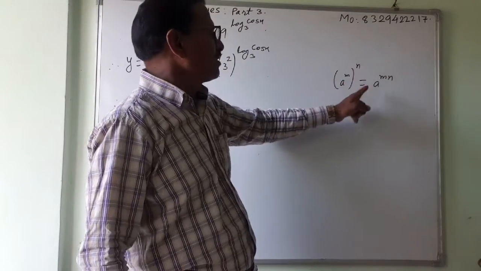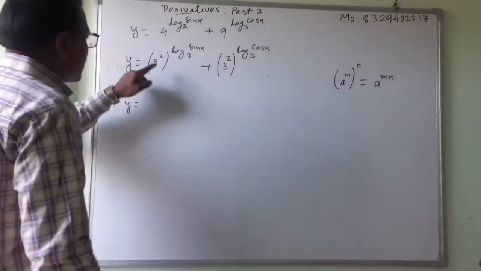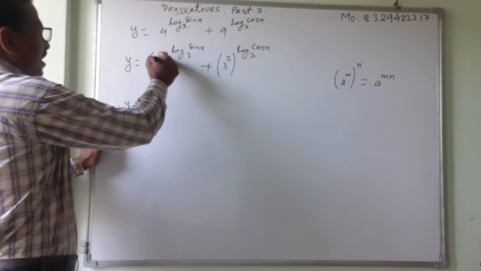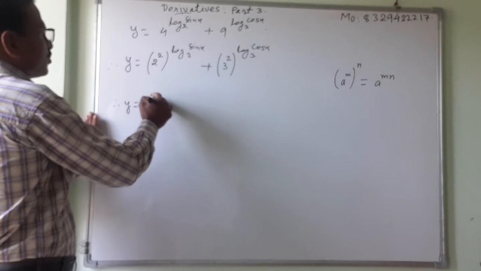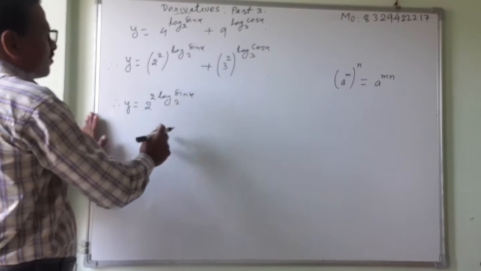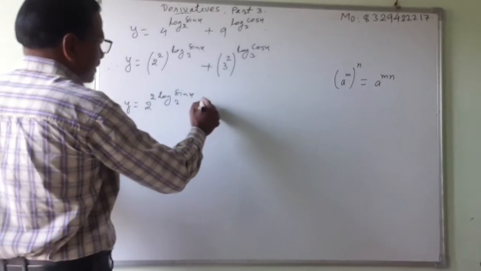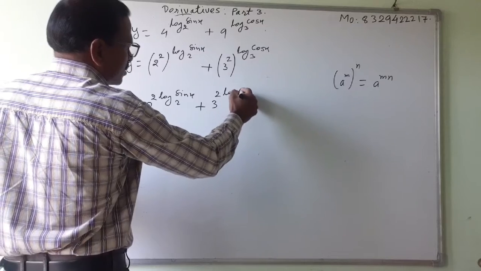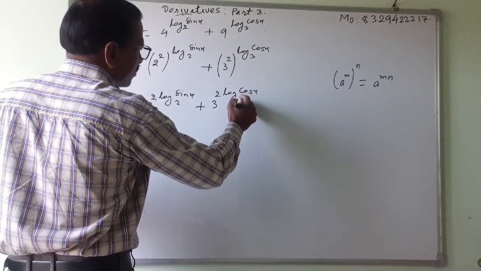Index raised to index means multiplication of the indices. Here also this is the index raised to this index. So what I will write? I will write 2 raised to 2 log of sin x to the base 2 multiplication plus this also 3 raised to 2 log cos x to the base 3.